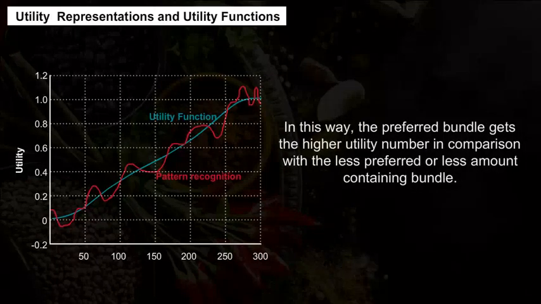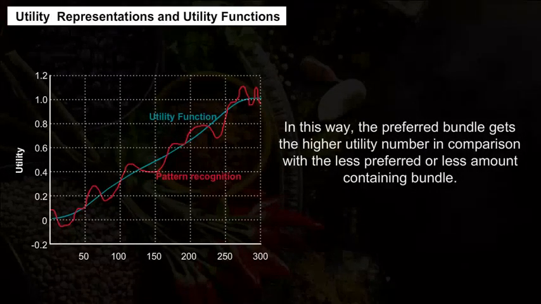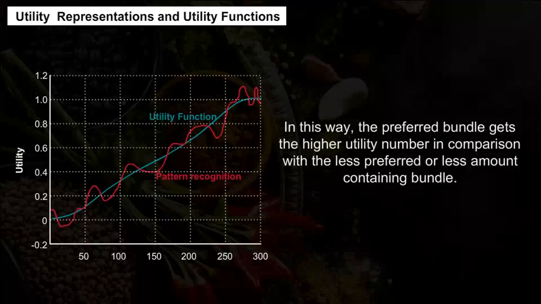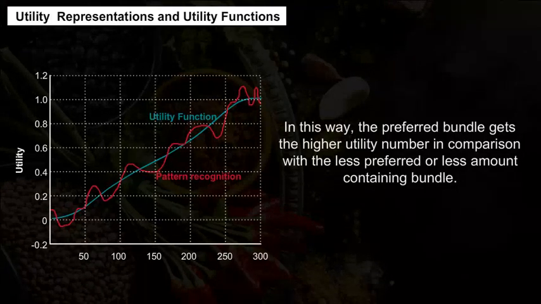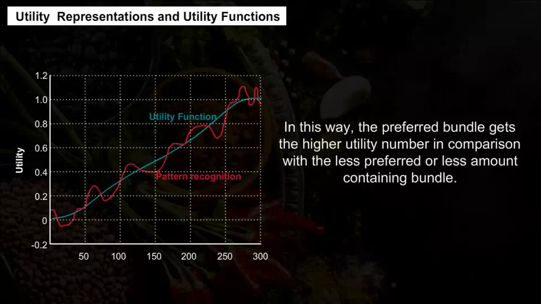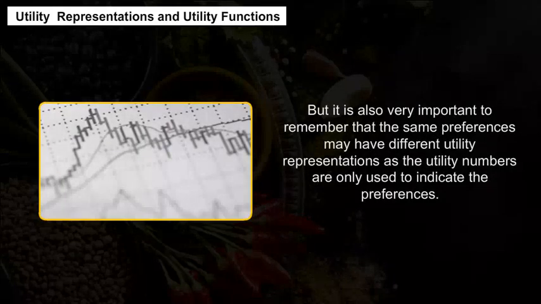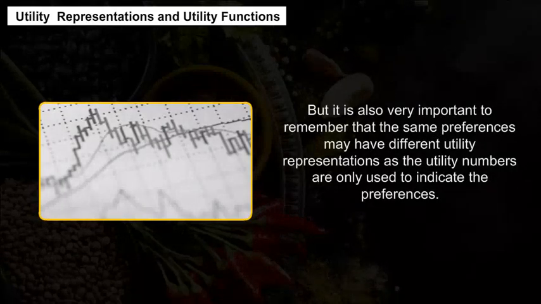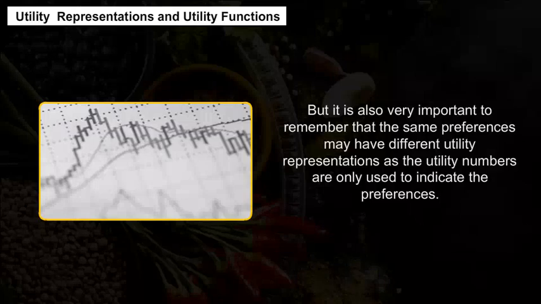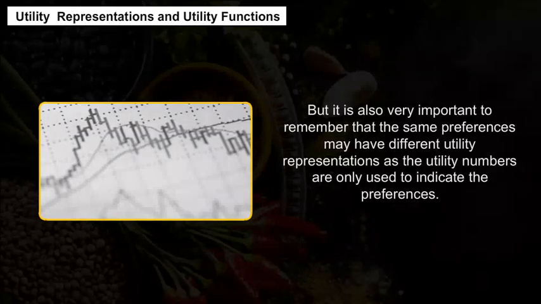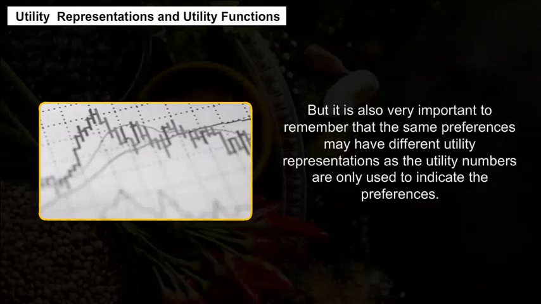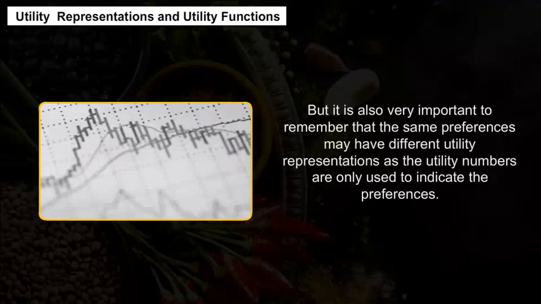In this way, the preferred bundle gets a higher utility number in comparison with the less preferred or smaller bundle. But it is also very important to remember that the same preferences may have different utility representations, as the utility numbers are only used to indicate the preferences.